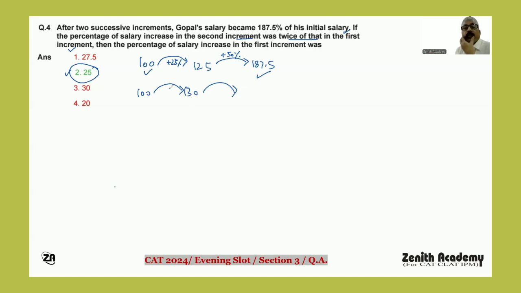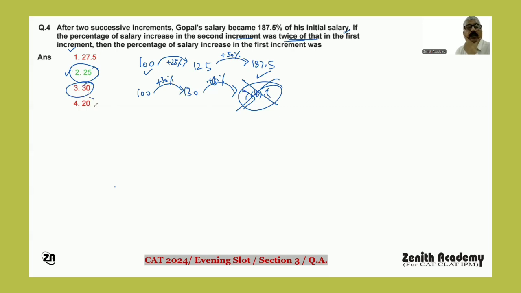If you check other options like 30, 100, then 130, then 60%, because first is 30, then second is double, then 60%. 60% of 130 is 78. So 78 and 130 is more than 187.5. So this cannot be your answer.